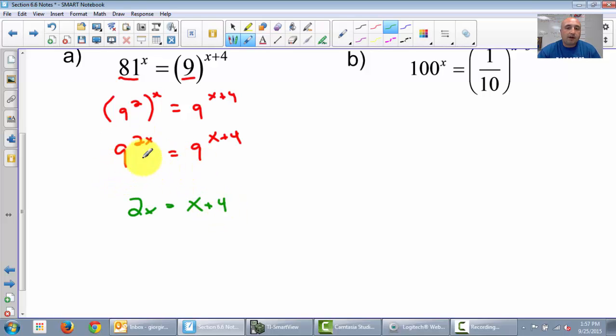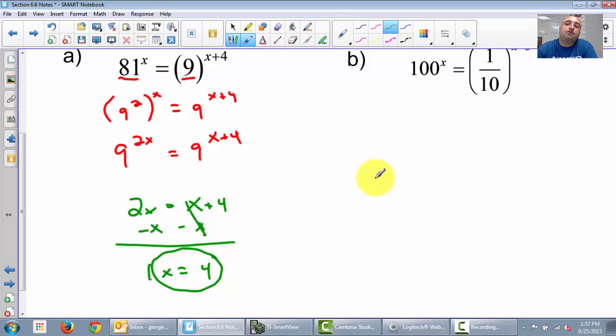I don't need to worry about those anymore, but I do need to figure out what x is. So I subtract x, the x's go away. 2x minus 1x is 1x equals 4. So for this problem, x is equal to 4.